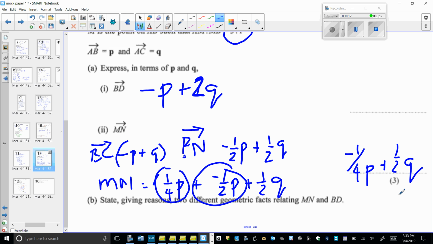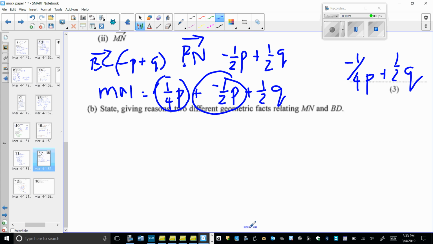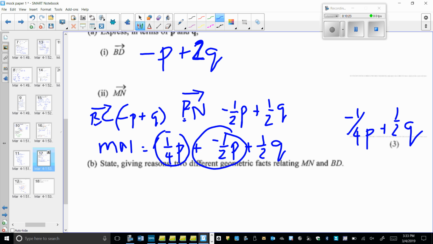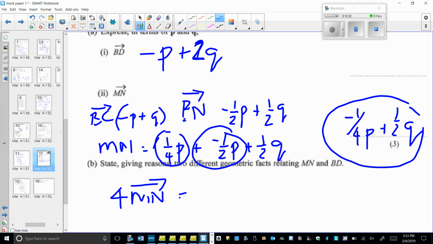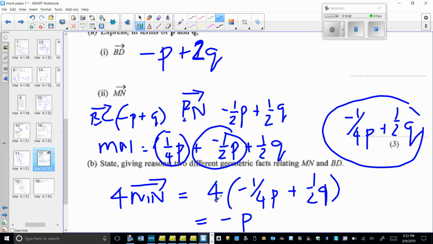If you multiply this one by 4, so 4 lots of MN would be 4 lots of negative 1 quarter p plus q. 4 lots of negative quarter is negative 1, and 4 lots of a half is 2. So 4 lots of MN is actually equal to BD.